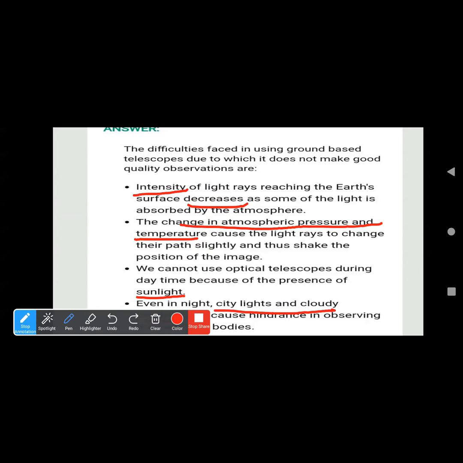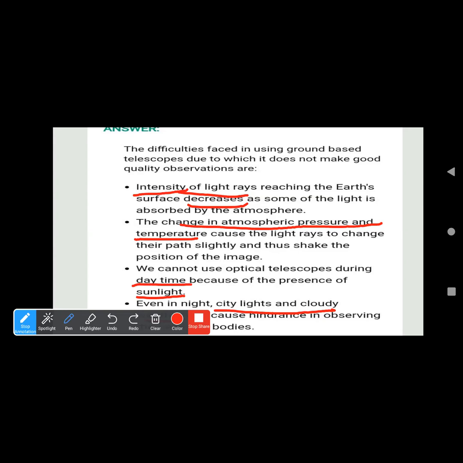And when you are writing it point-wise, try to highlight the important words. See, in the first line the important words are intensity of the light rays decreases. In the second point, the important words are change in atmospheric pressure and temperature. The third is presence of sunlight in the daytime.